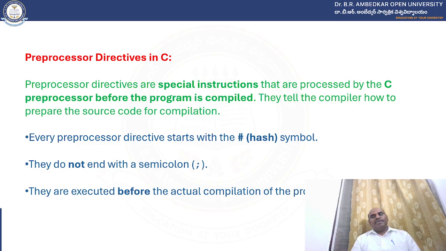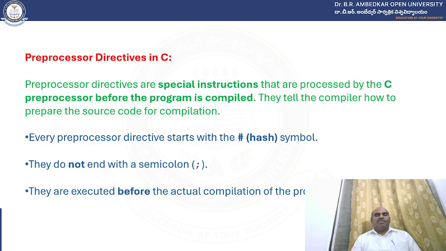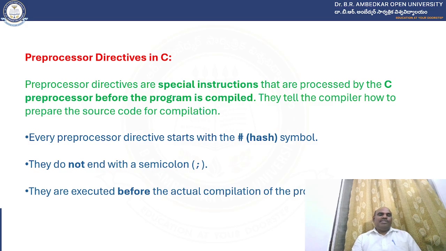Very simple: first, the hash symbol; second, no semicolon; and next, executed before compilation only. Hash, not semicolon, executed before only. These are the things we have to remember in preprocessor directives.